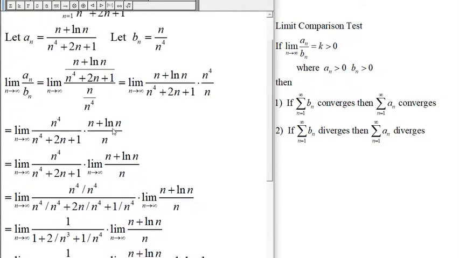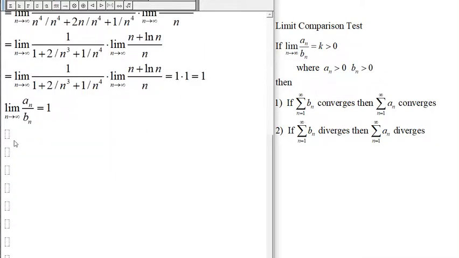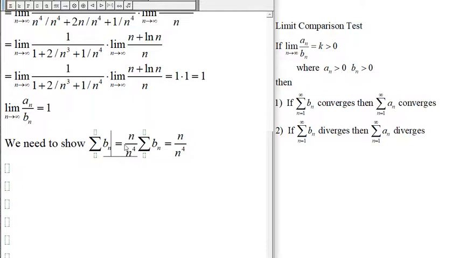And now our objective is to show that this series right here converges. And therefore we also need to show that the series b sub n converges. So we need to show that the series b sub n right here converges.